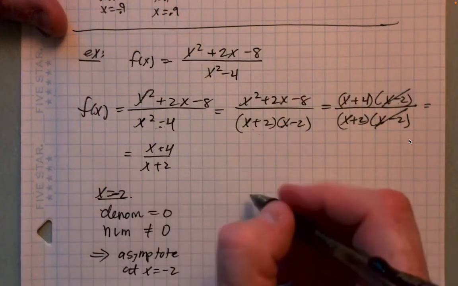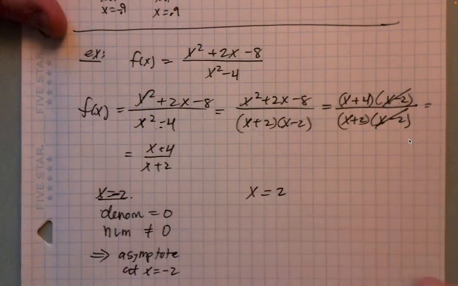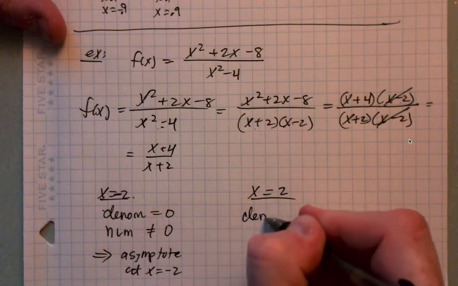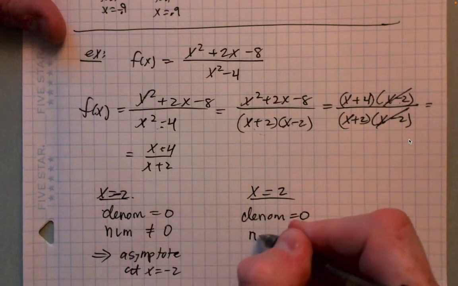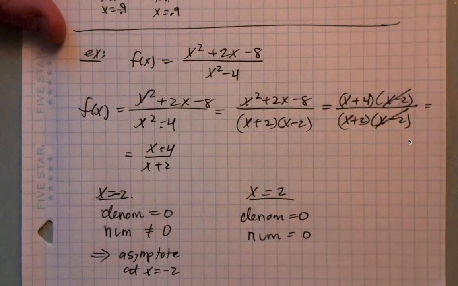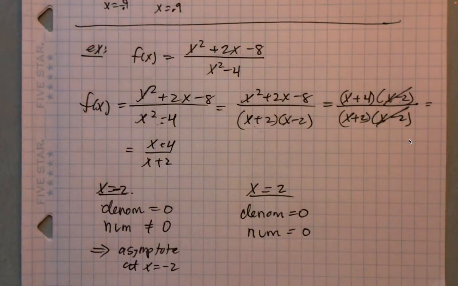Okay. Contrast that with x equals 2, where you do indeed have the denominator equal to 0, and here the numerator is also equal to 0. So that implies that this is not going to have an asymptote at x equals 2.